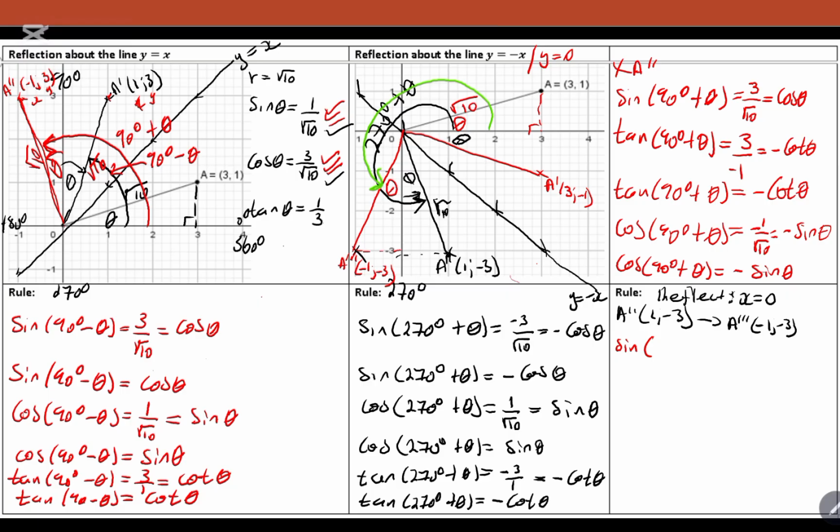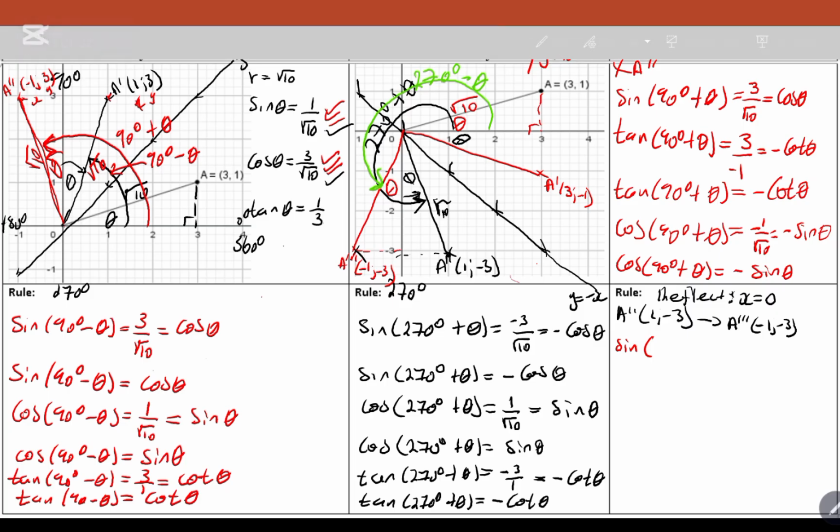The size of this angle is therefore going to be 270 degrees minus theta. So that angle will be 270 degrees minus theta.